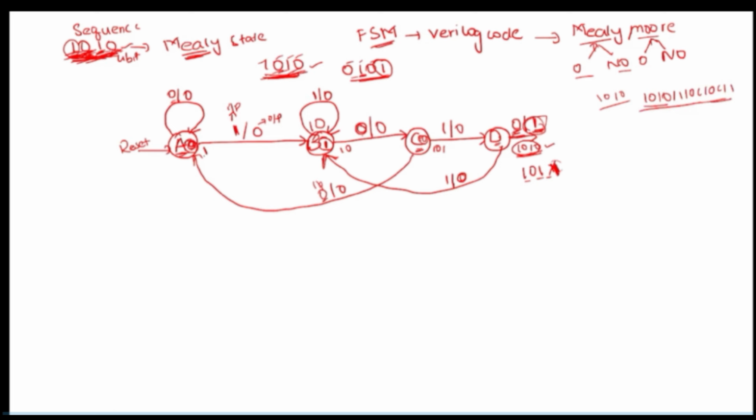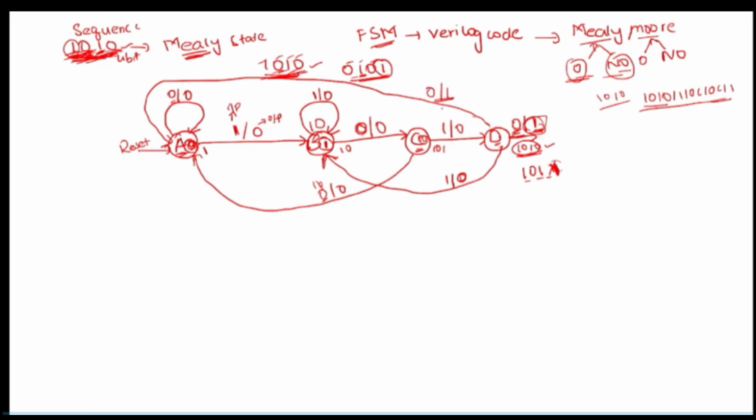At this point you will see the difference between overlapping and non-overlapping cases. In the overlapping case, based on the previous values, it will go to the corresponding states, whereas for the non-overlapping case it will go to the home state, like A. Again it will start from A. Here this is 0 by 1.